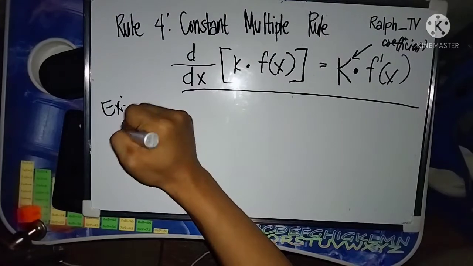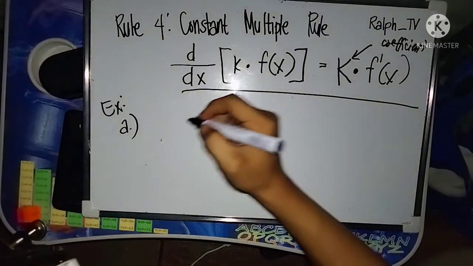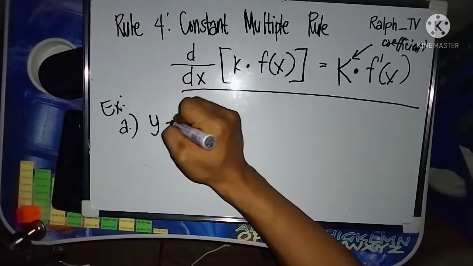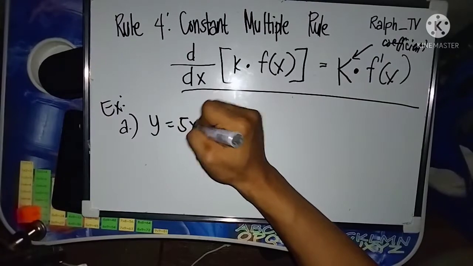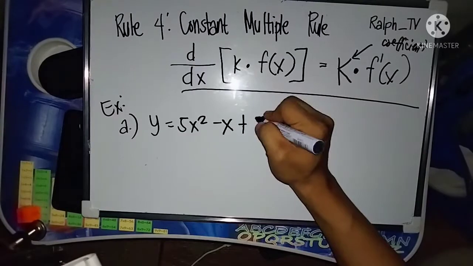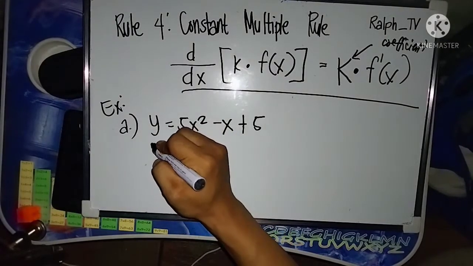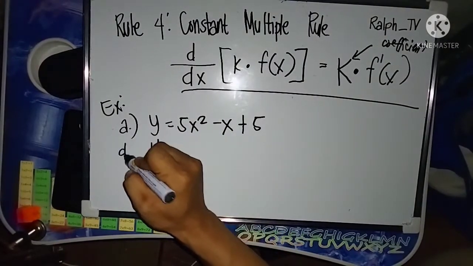So we have number 1, y is equals to 5x squared minus x plus 5. So, gagamit tayo dito ng rule number 1, rule number 2, at saka rule number 3. So, nagamit lahat yung mga rules na previous rules natin in-reveal. So, derivatives of y is y prime or dy.